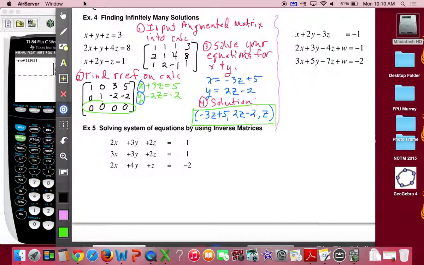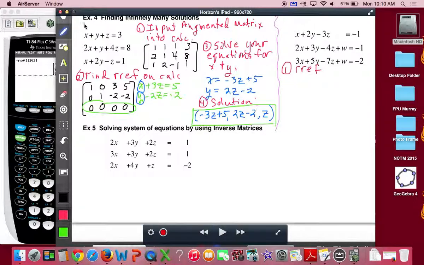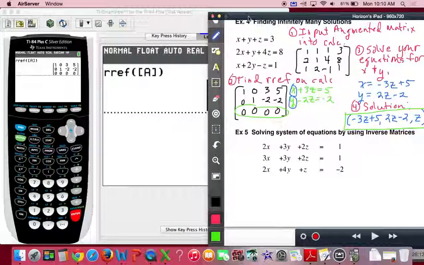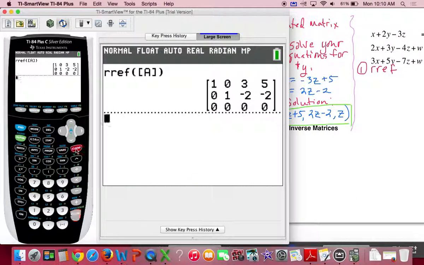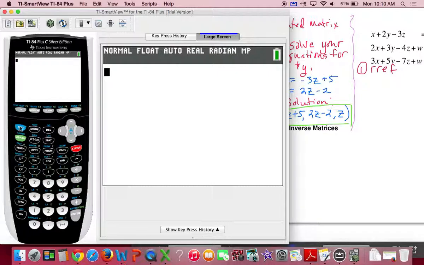So write yourself some directions. The first thing you're going to do is find the RREF. So over here, I'm going to put the augmented matrix into my calculator.